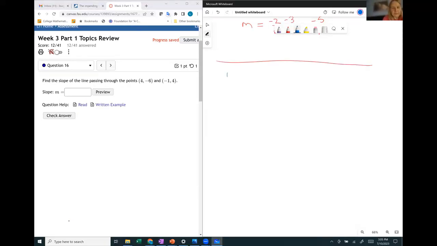Now here we don't have a graph, so we have to use our formula. Our formula was m equals y2 minus y1 divided by x2 minus x1, which is really the distance between 2 points. Like if I were to graph a point, say I'm at 0 and I go to 7, the distance between those two is 7, right?